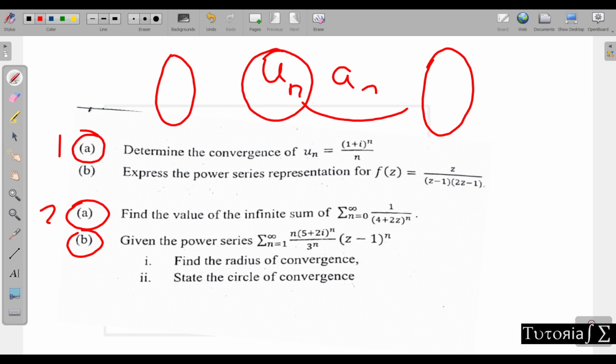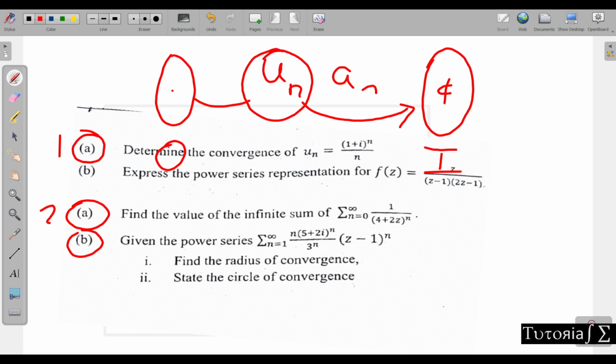So that is a complex sequence. So there is an object and an image. The object is positive integers. The image is complex numbers. That is a complex sequence.